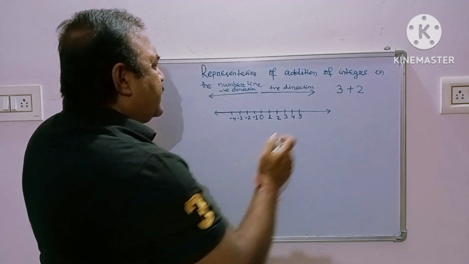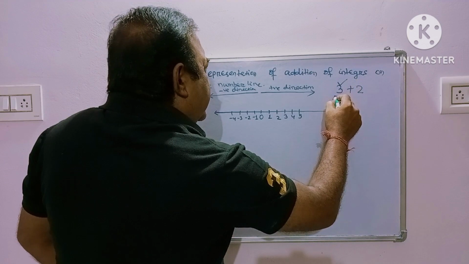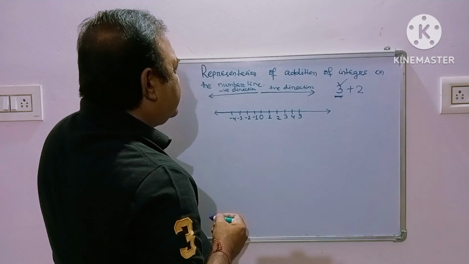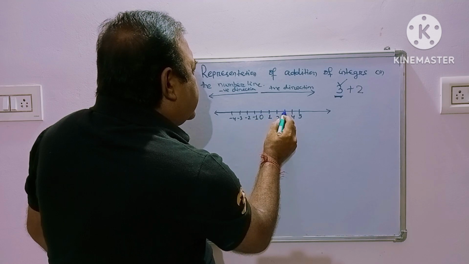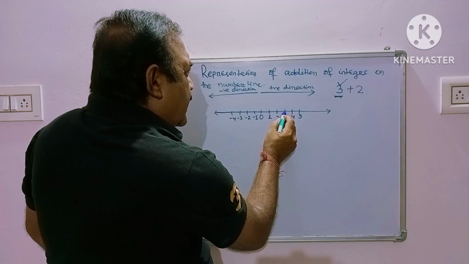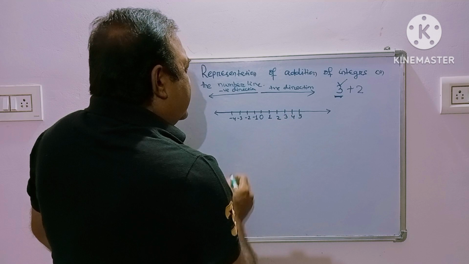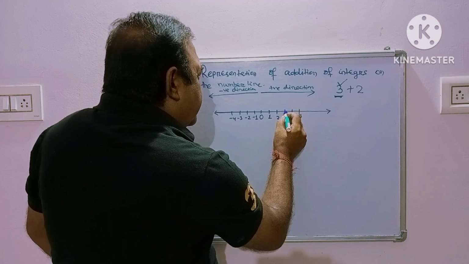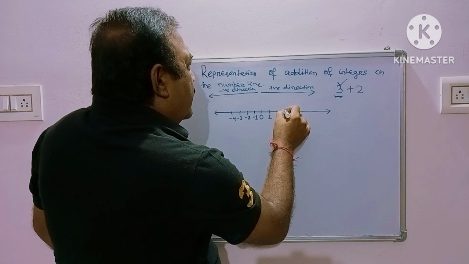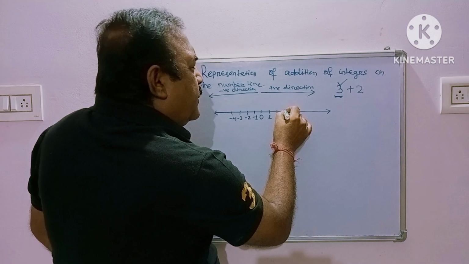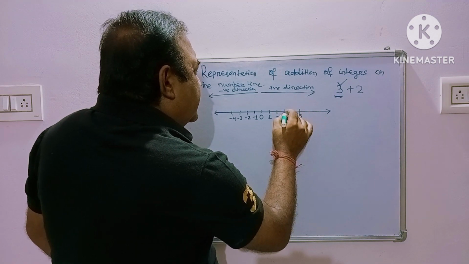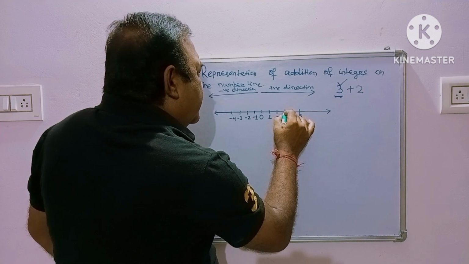First 3. Here it is a positive integer, and from 0 you move. Where is 3? Here it is 3. So from 3, plus 2, we have to move towards the positive direction. Yes or no?